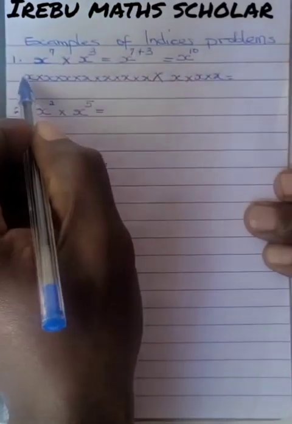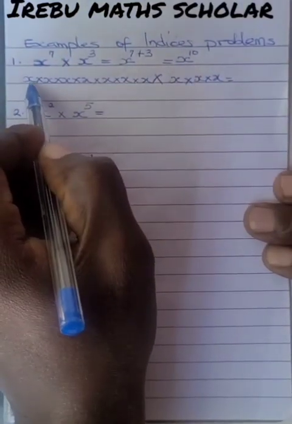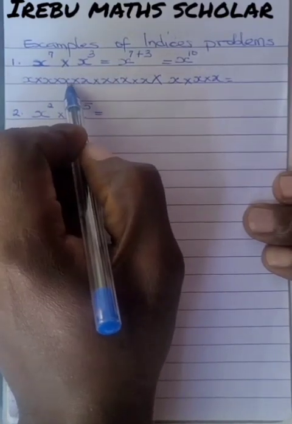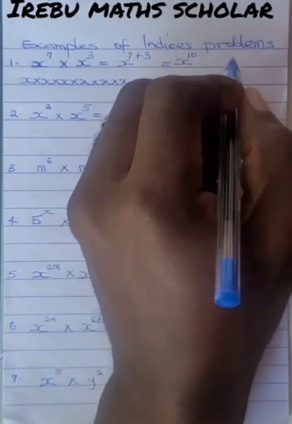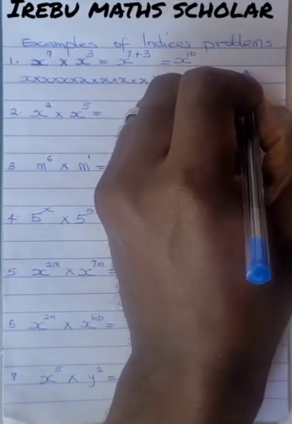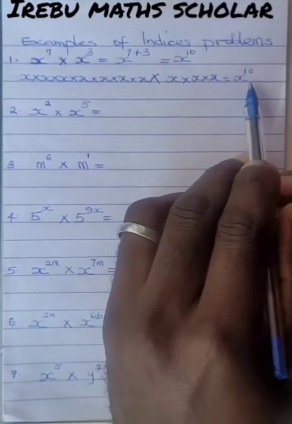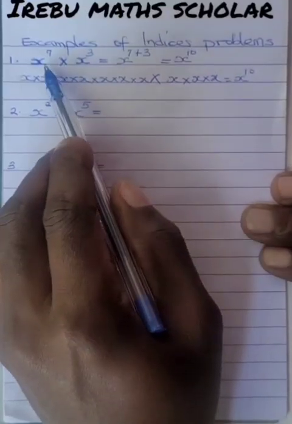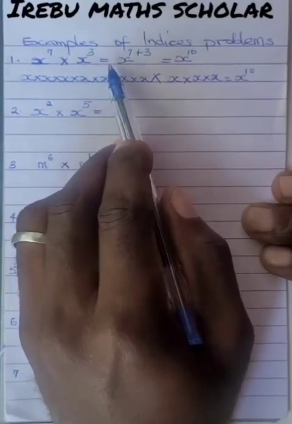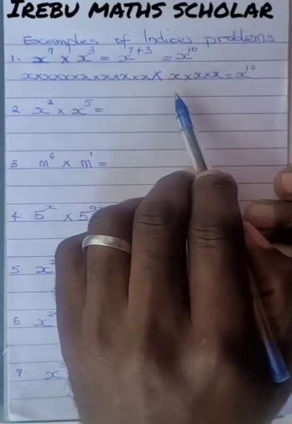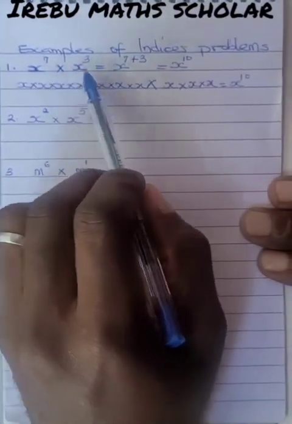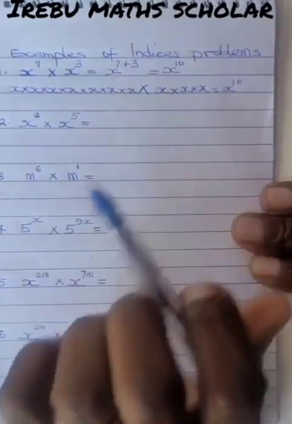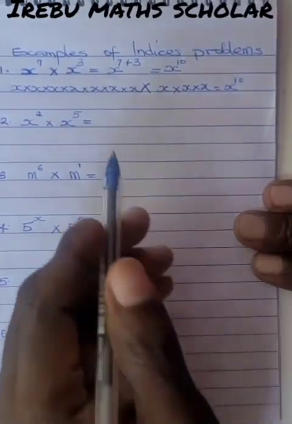When you count, we have 1, 2, 3, 4, 5, 6, 7, 8, 9, 10, which is the same as x to the power of 10. You can see that the first approach is easier than the second approach. So subsequently, we'll be following this first approach, which is one of the rules of indices.